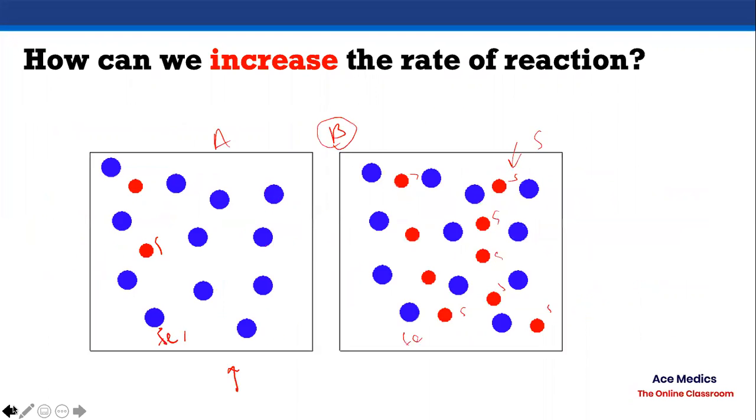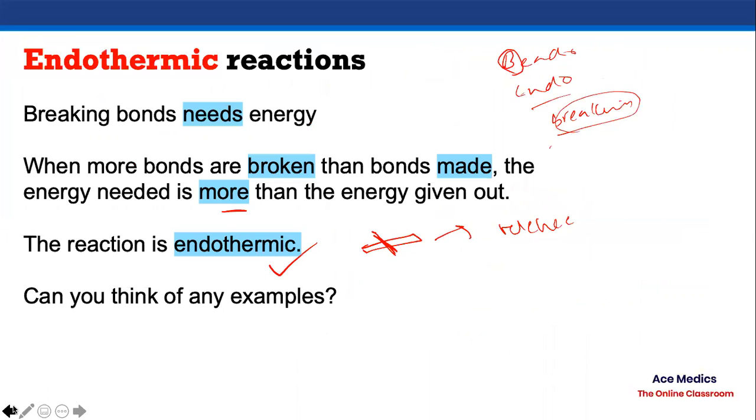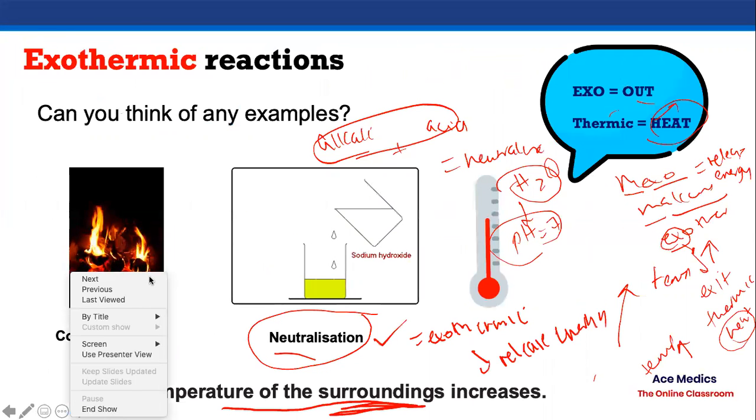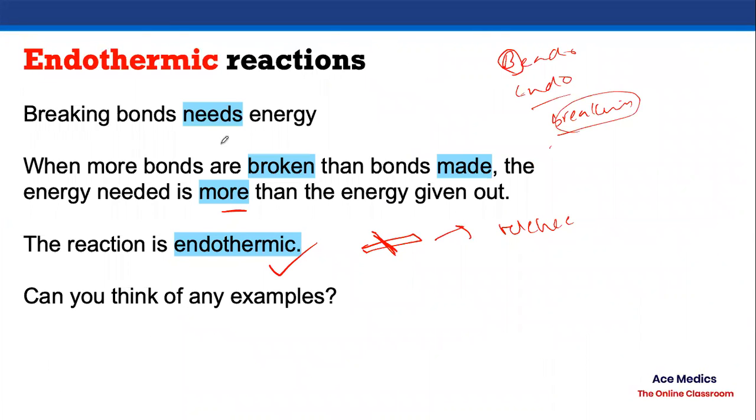which I believe is this one. No, I don't want to enter, sorry. Okay, which is this one. So remember, endothermic, endo, bendo has B, so breaking. That's how we can figure out that endothermic reactions are breaking bonds.